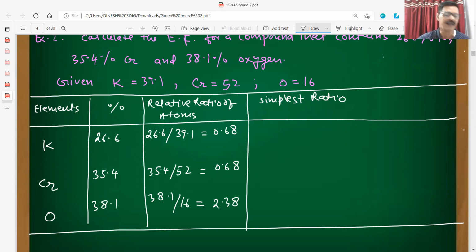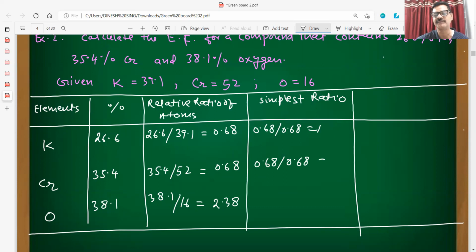If we divide by 0.68, then we will get the simplest ratio. So 0.68 divided by 0.68 will become equal to 1, and 2.38 divided by 0.68 is coming out to be 3.5.